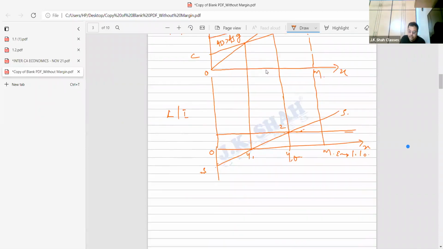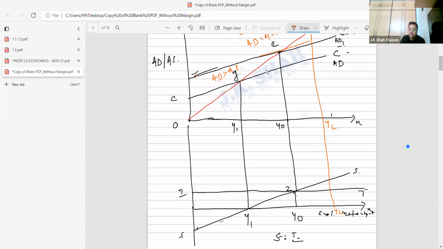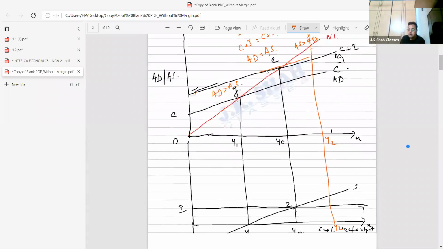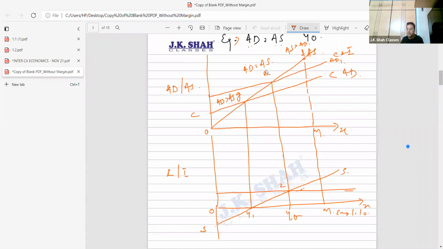So right below that, C plus I is equal to C plus S, or I is equal to S. Now draw the diagram. Do you want this diagram or the previous one? I think this is compact, no? Please draw this diagram.